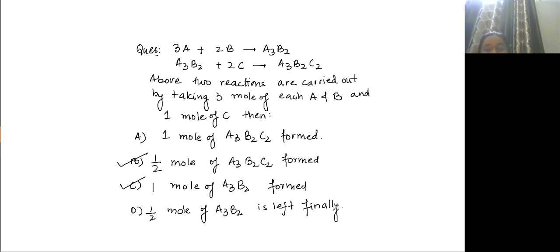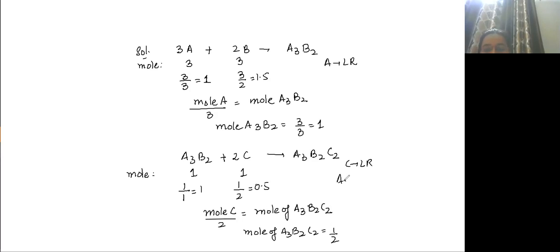Now A3B2 is excess reagent. You have to find out how many moles are left behind. Moles of A3B2 by 1 is equal to moles of C by 2.